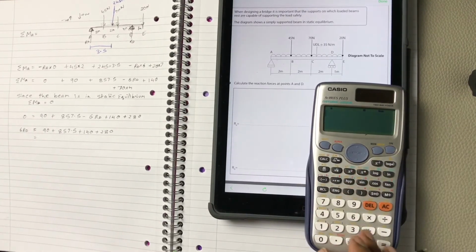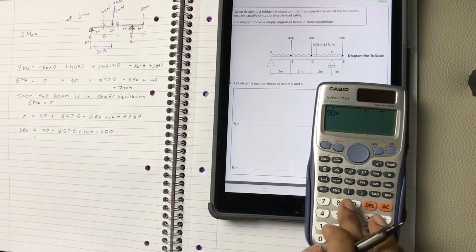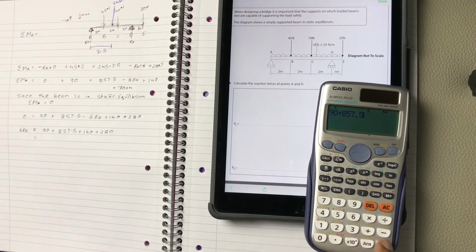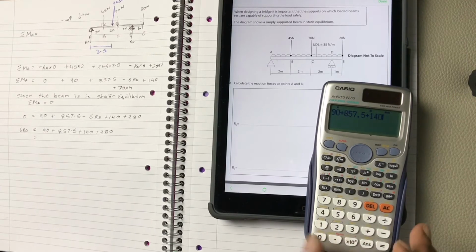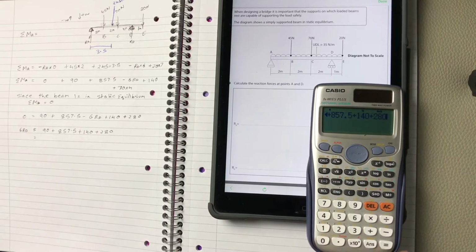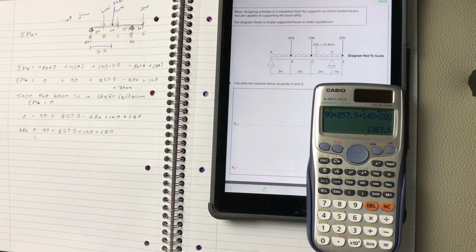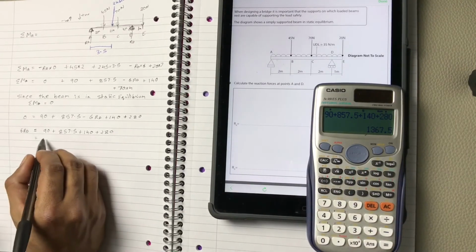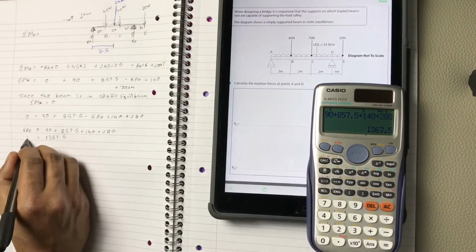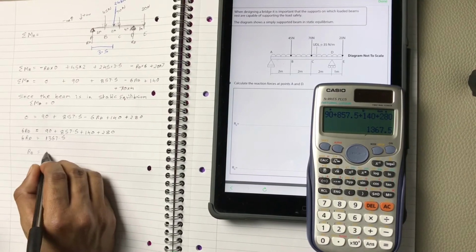Again, using my calculator, 90 plus 857.5 plus 140 plus 280 will be equal to 1367.5, which equals RD times 6.